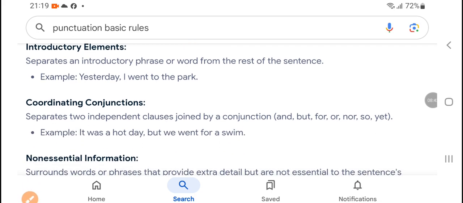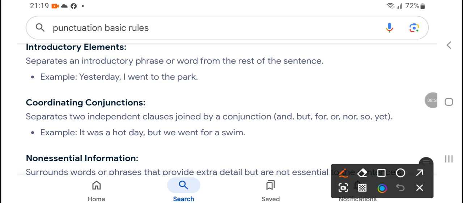So a comma separates introductory elements. It separates an introductory phrase or word from the rest of the sentence. So a comma is used for an introductory element, right? For example, here the introductory element is "yesterday." For example, "Today, I will be on leave."